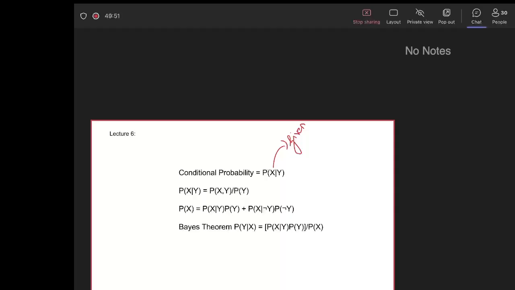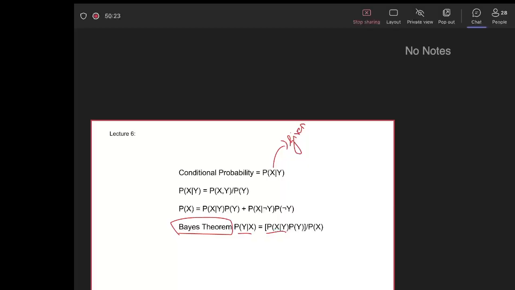And the formula is: probability of x given y is equal to probability of x comma y, meaning the probability that both events are happening, divided by probability of y. In conditional probability, the most important concept is Bayes' theorem. Suppose you know probability of x given y, then you can calculate probability of y given x.